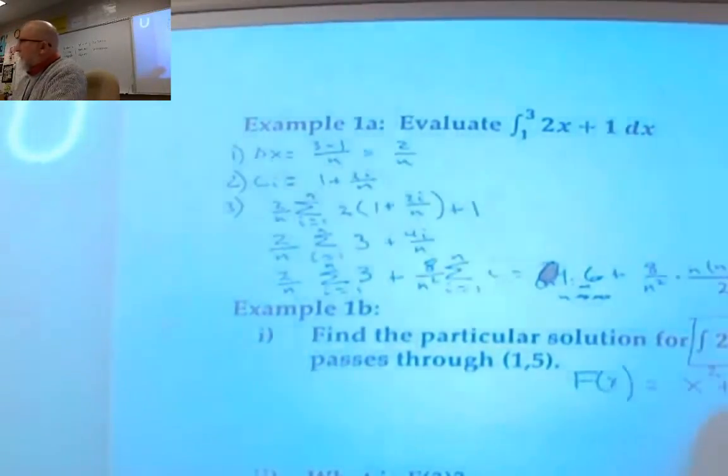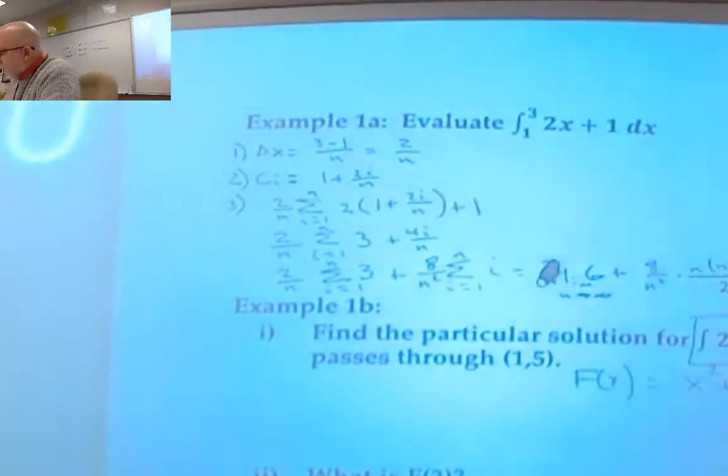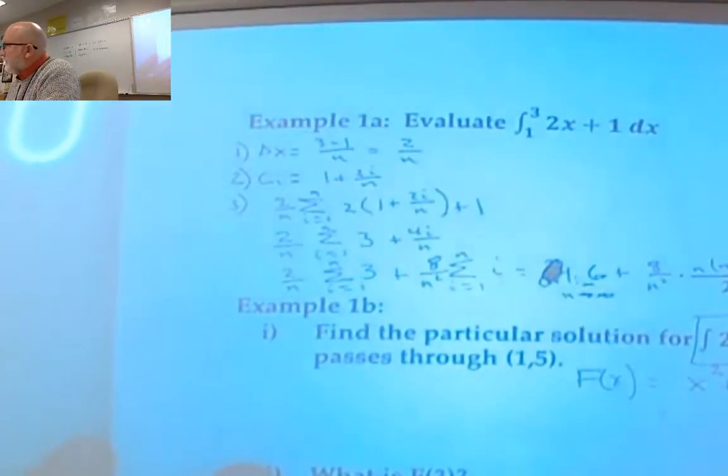Is that a particular solution? Why not? Plus c, which means it's a family of solutions, correct? Okay, how do I find the particular solution? So where does 1 go? What is 1?